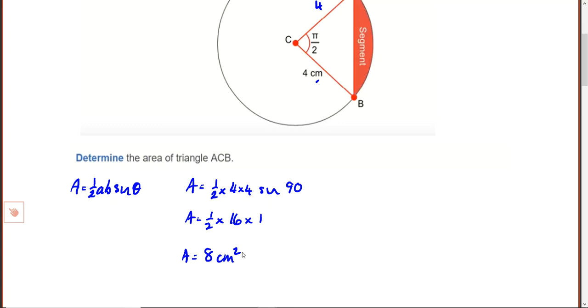So it says 1 mark if you did the substitution into the area formula, 1 mark for your answer of 8. Guys, are you listening? 1 mark for substituting into the formula, 1 mark for the correct answer.